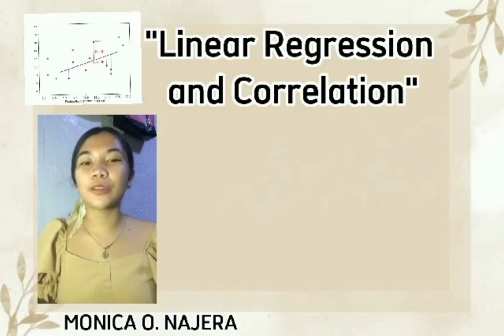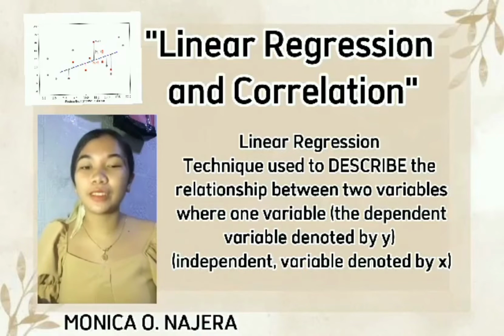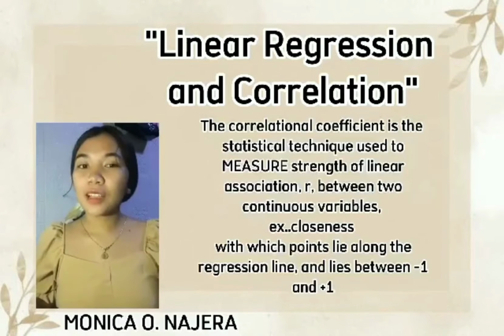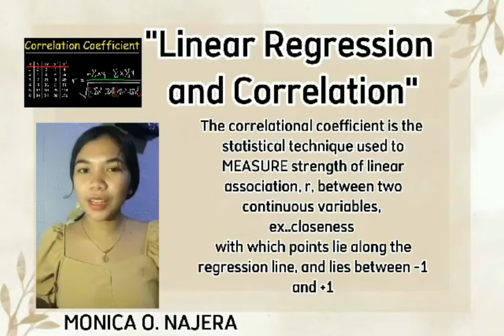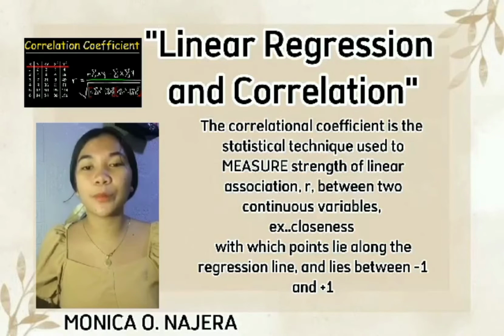Linear regression and correlation. Linear regression is a technique used to describe the relationship between two variables, where one is the dependent variable, denoted by y, and the other is the independent variable, denoted by x. The correlation coefficient is the statistical technique used to measure the strength of linear association, like r, between two continuous variables.